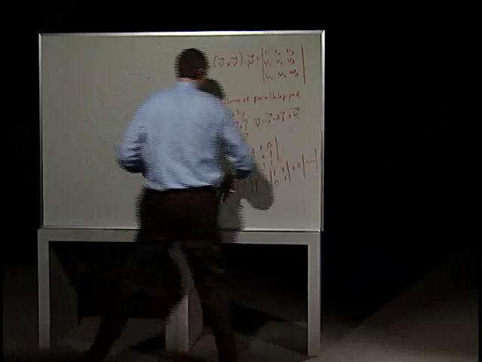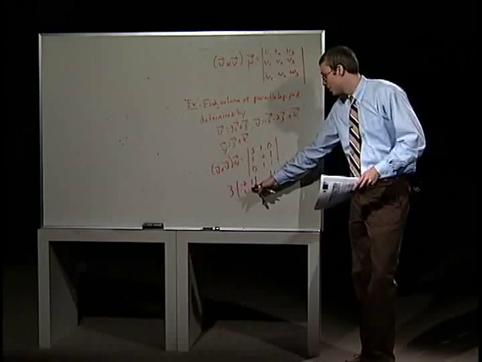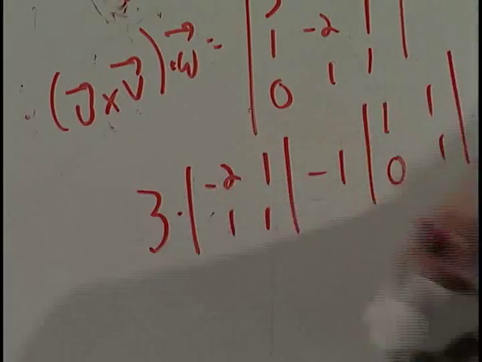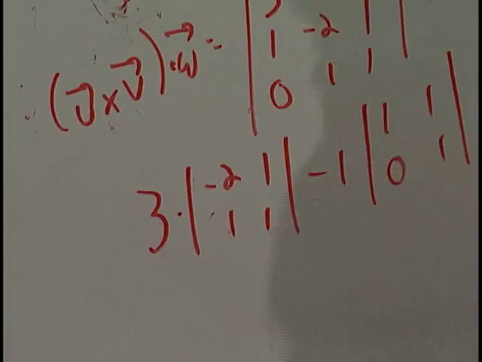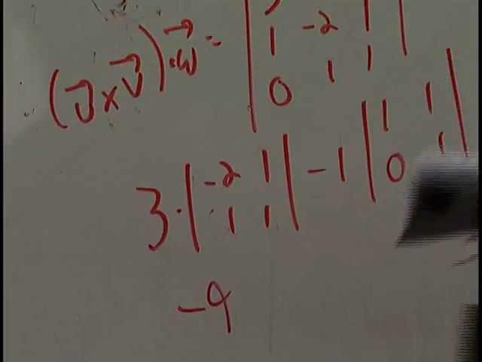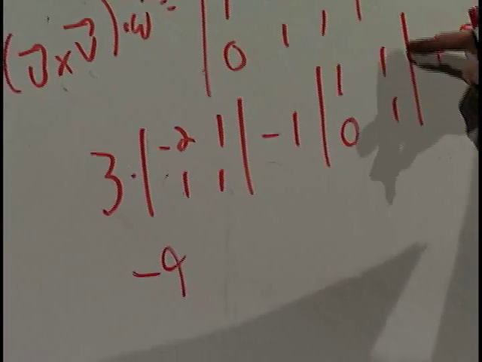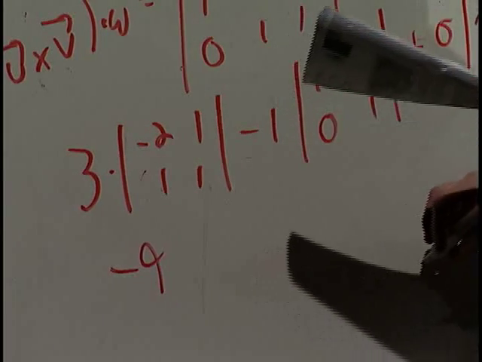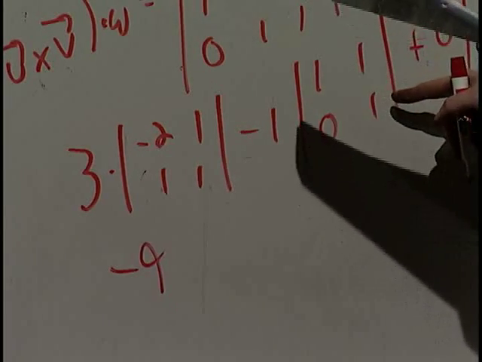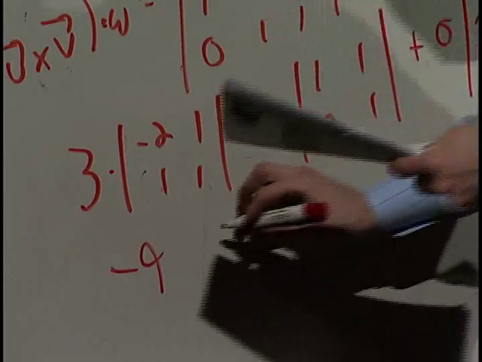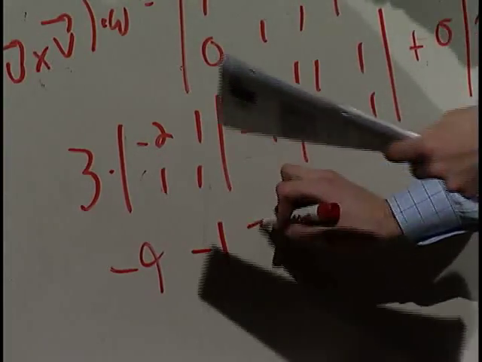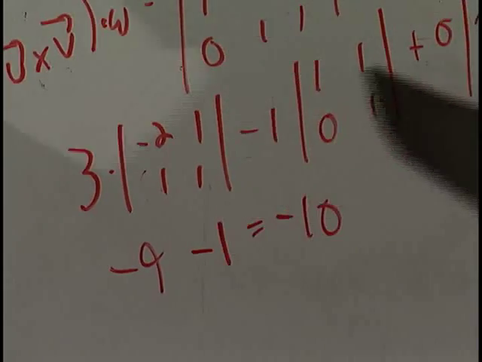So you've got negative 2 times 1 is negative 2. Minus 1 is negative 3. So this should give you a negative 9. 1 times 1 is 1. Plus 0 is 0. So you should have a minus 1 here. And that should give you a negative 10.